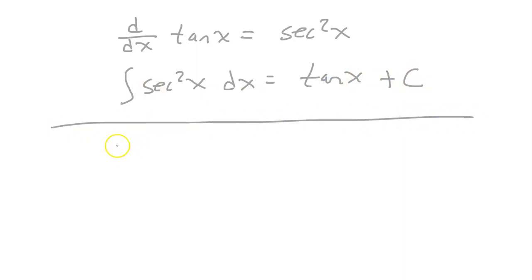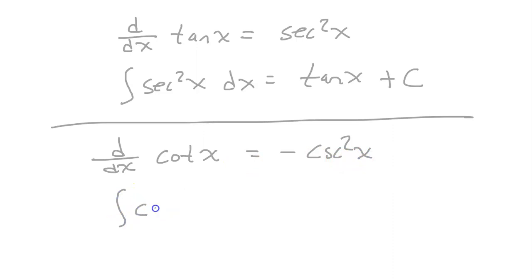Similarly, the derivative of cotangent is negative cosecant squared. Therefore, the integral of cosecant squared is going to be negative cotangent.